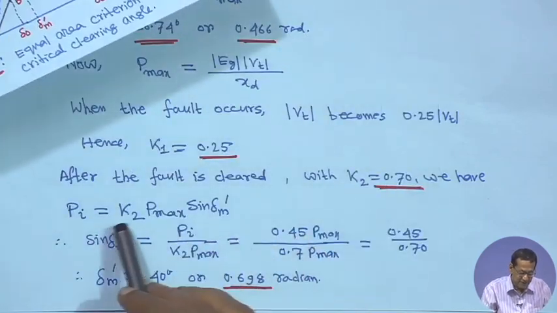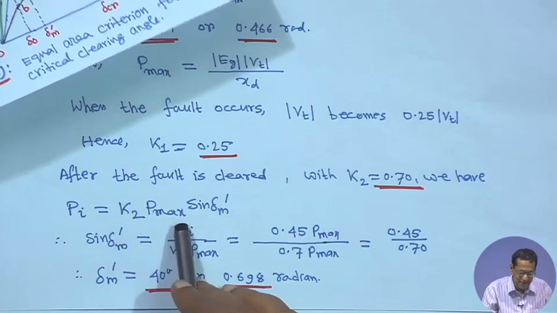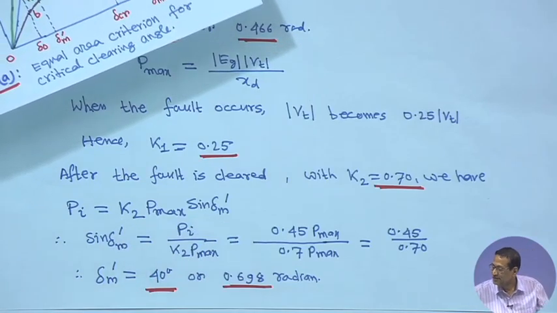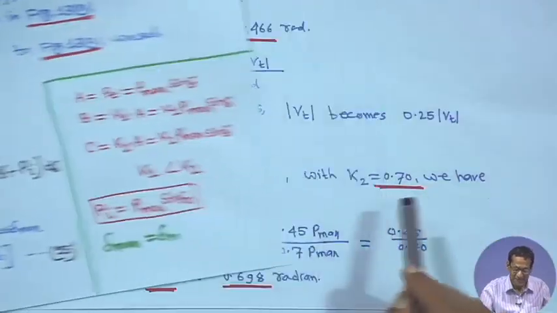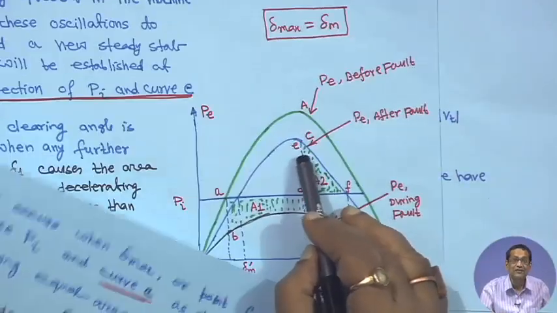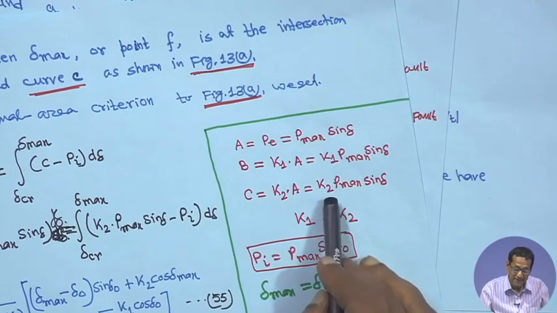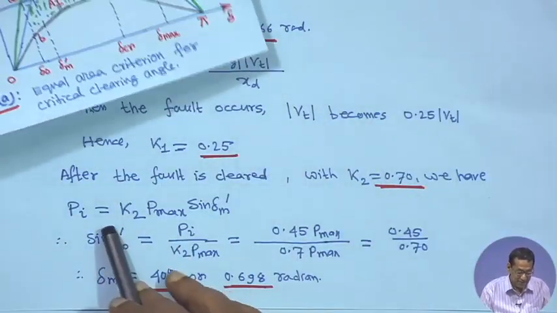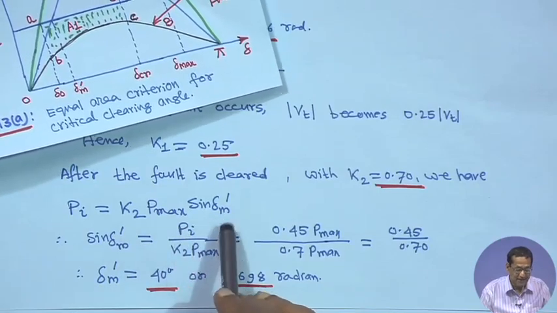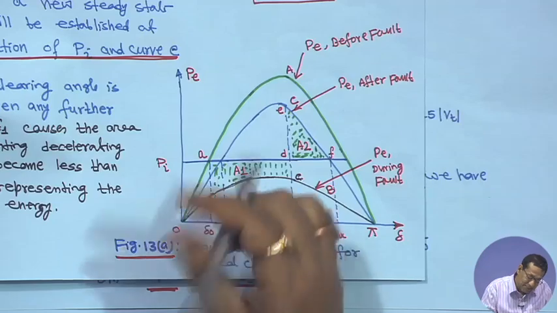This is graph C, C equals K2 P max sin delta, with K2 equal to 0.7. Then Pi is equal to K2 P max sin delta m dash, so delta m dash is this point.